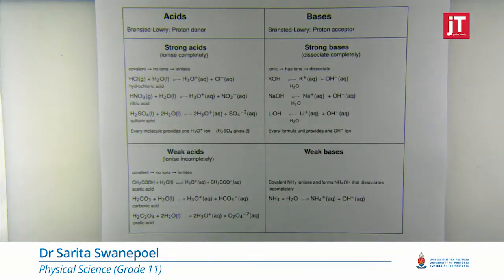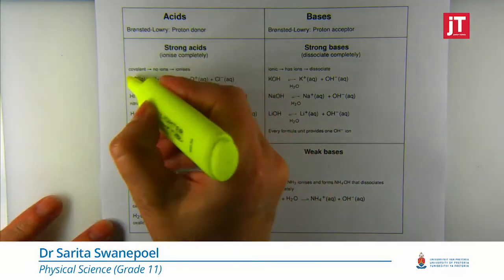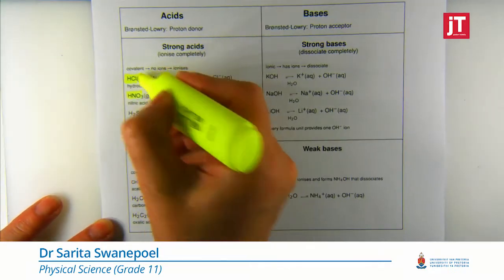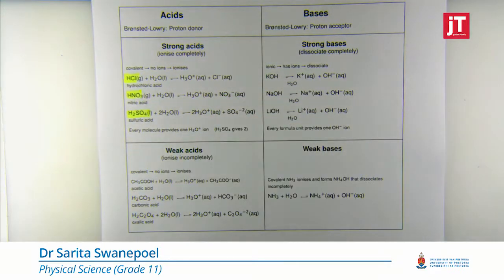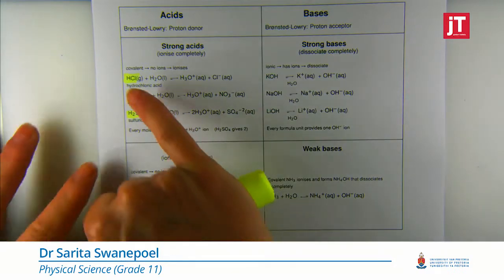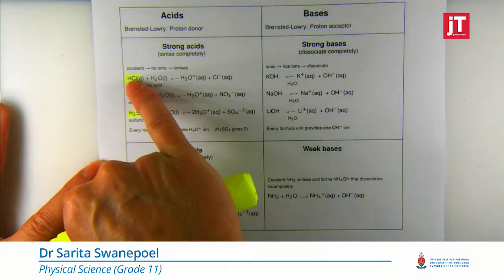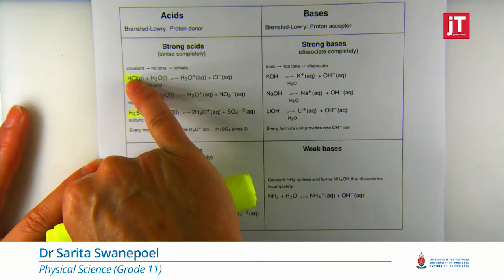Right, so the next table on your next page is sort of a summary of what's happening with acids and bases, right? Now, if you look at the acids, try and look at HCl, HNO3, H2SO4, and tell me, every atom there, every element there, hydrogen, is it a metal or a non-metal? Non-metal.